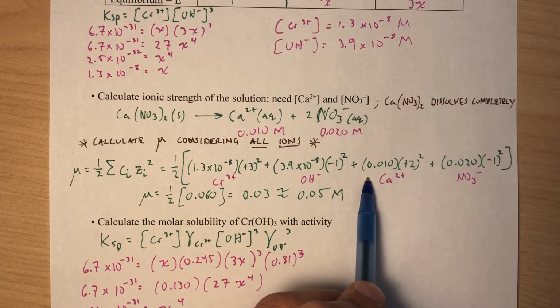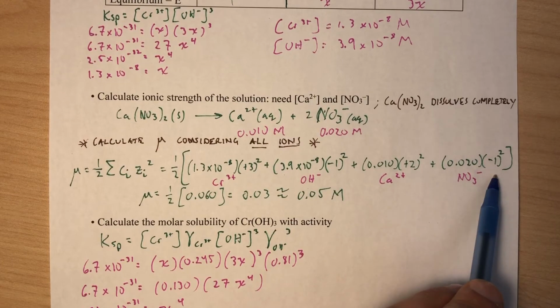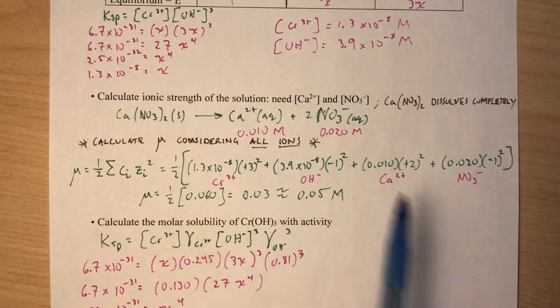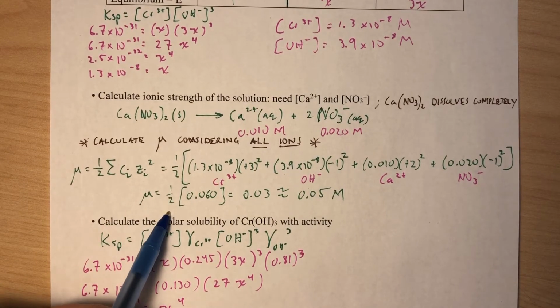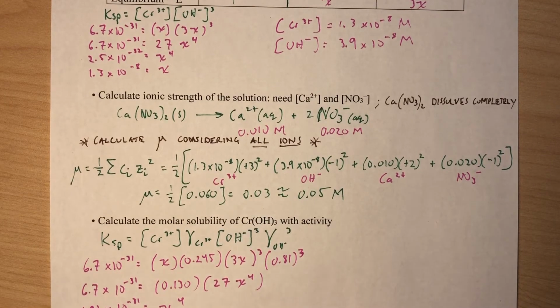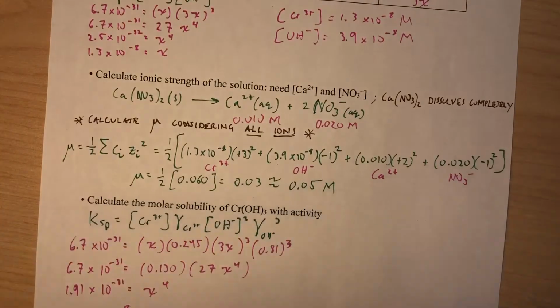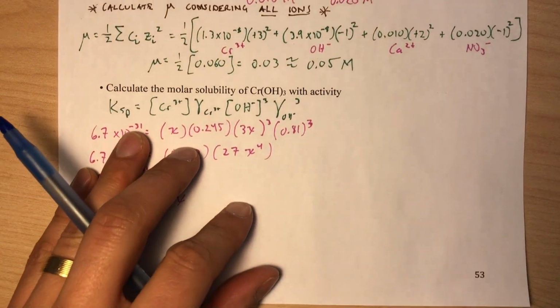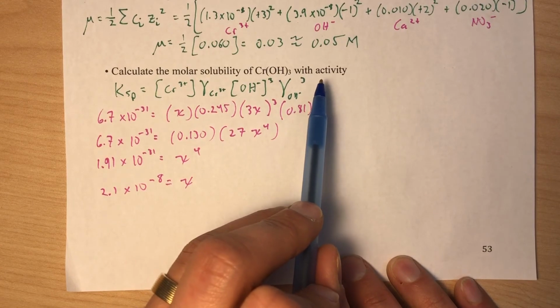Calcium has a 0.010 molarity and a +2 charge, and nitrate has 0.020 and a -1 charge, both of which we determined here. We can then solve for mu, which ends up being 1/2 of 0.06, which is 0.03, which we then have to round up to 0.05 to match with one of our headings for ionic strength from the earlier page. Now we calculate the molar solubility of chromium hydroxide with activity.